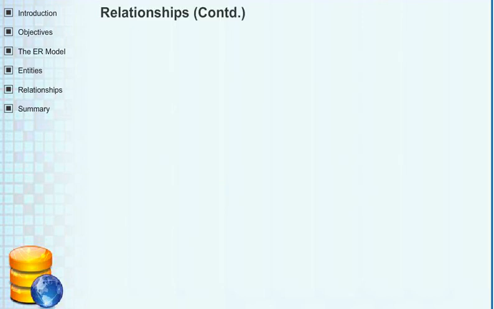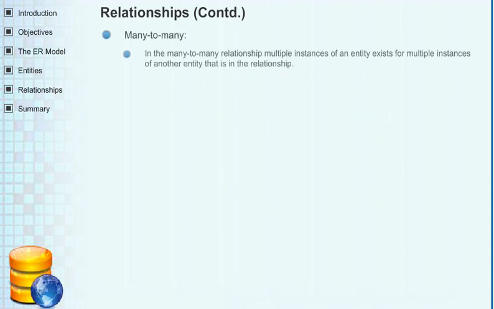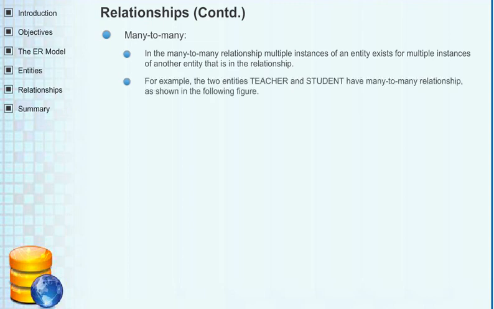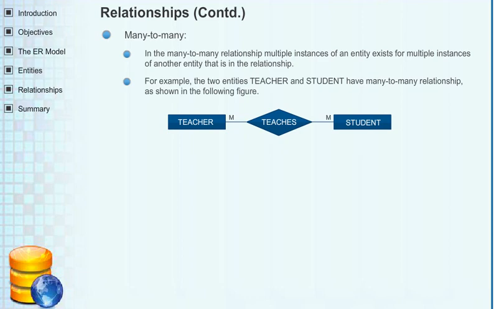The last type of relationship is many-to-many. In this type of ER relationship, multiple instances of an entity exist for multiple instances of another entity. Let us consider an example to get more clarity about the concept of many-to-many relationships. Two entities, student and teacher, have a teaching relationship between them.